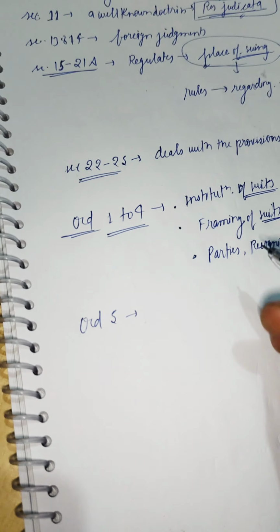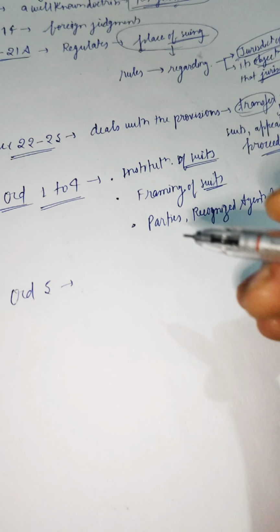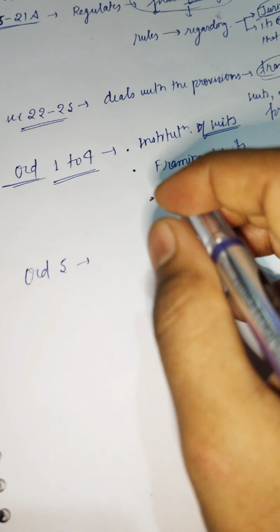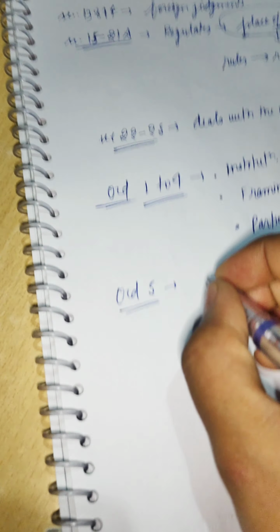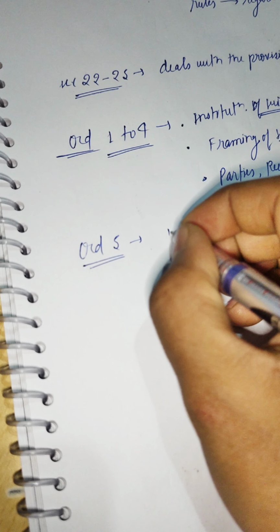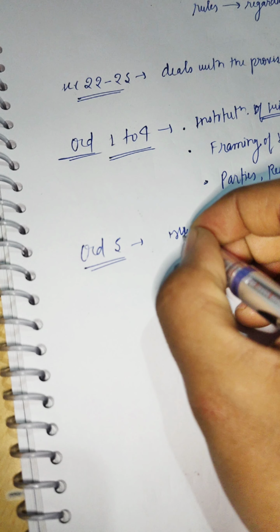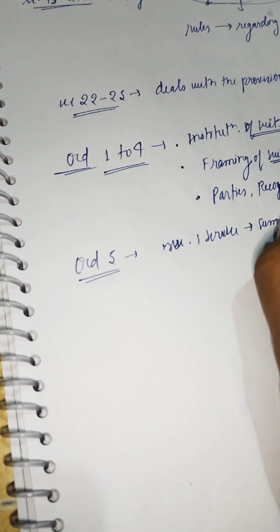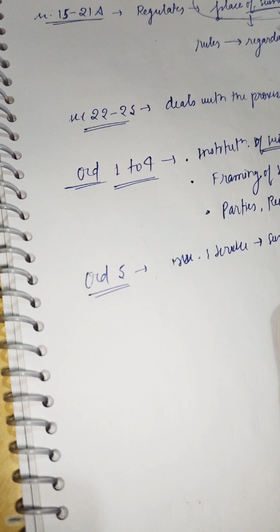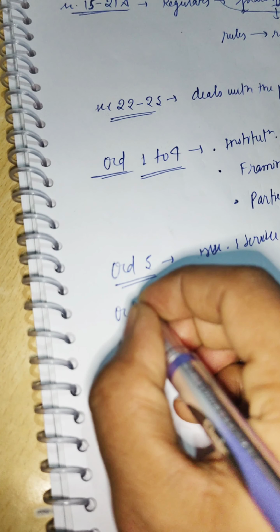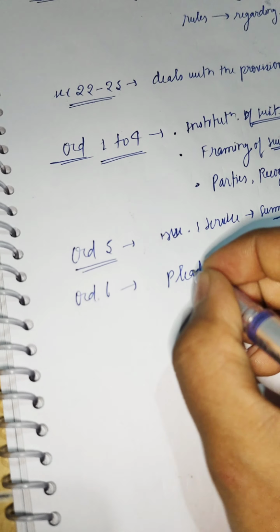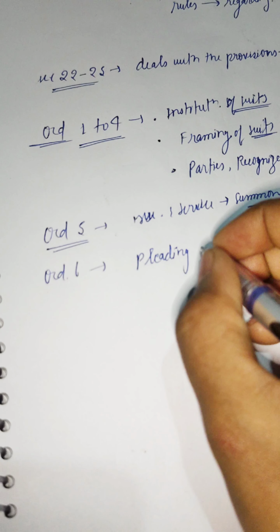In order 5, after the institution of suits, we will inform the other party or the defendant against whom the suits are instituted. So in order 5, the rules of issuance and service of summons are given. In order 6, the very fundamental point, that is pleading, was given.